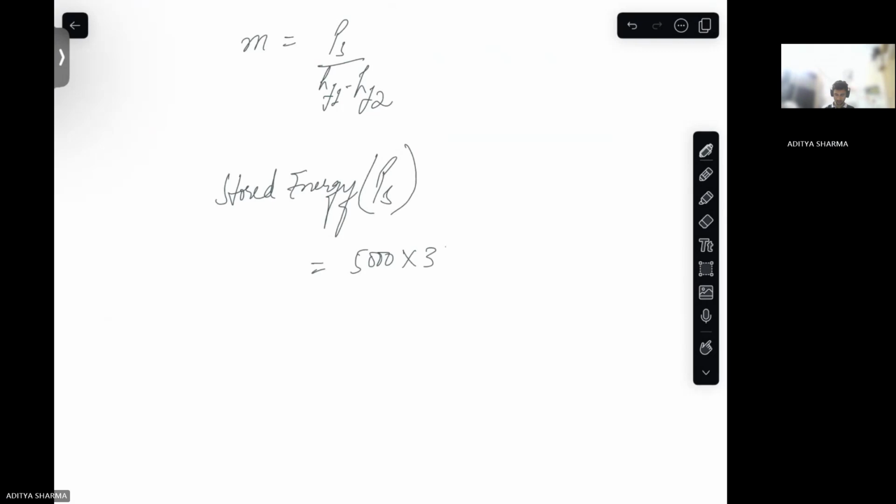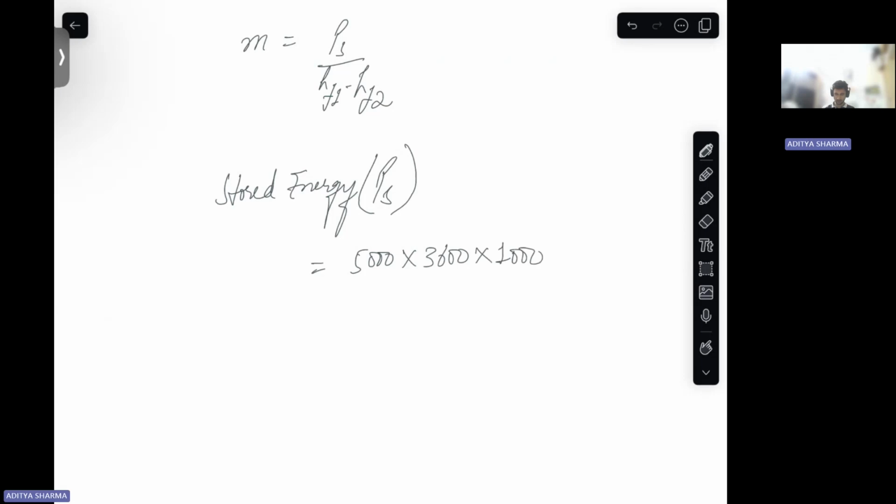You multiply the number of seconds with it to get it into megawatt, right?